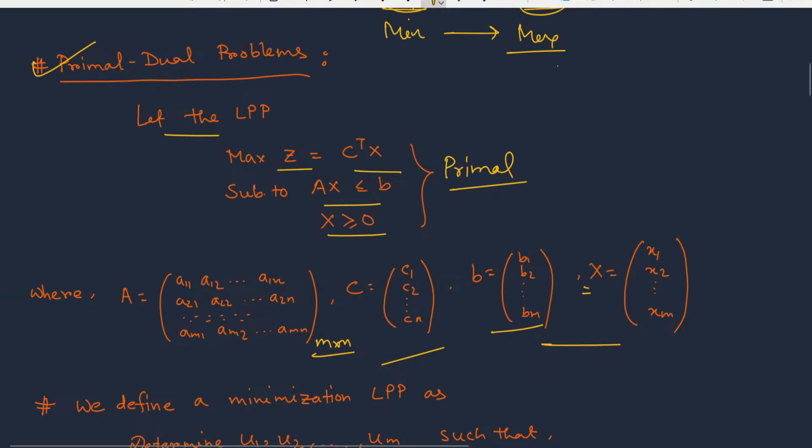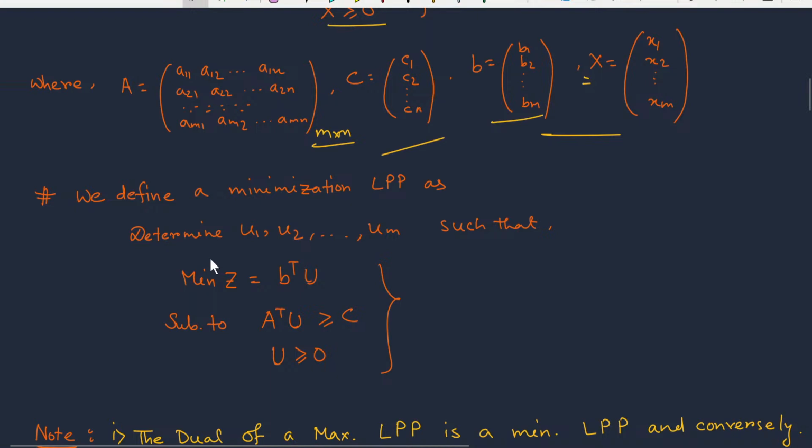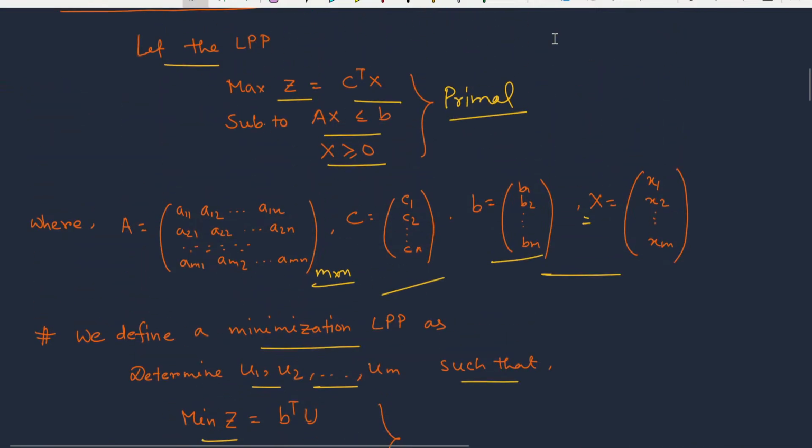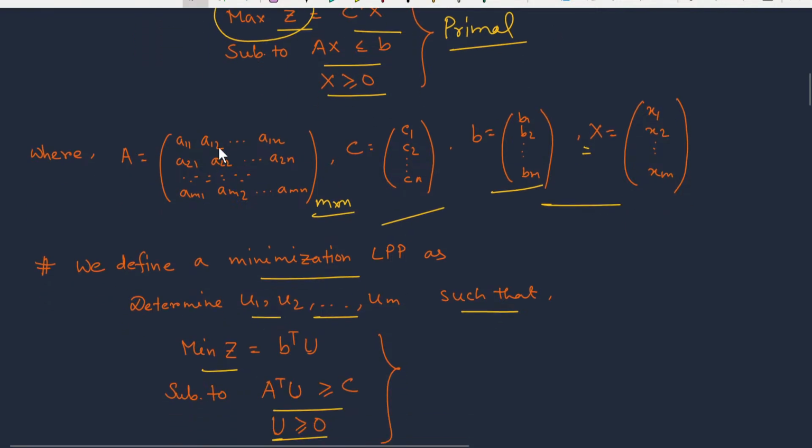Now we come to its dual. How can we write the dual? We define a minimization problem of the LPP and determine u1, u2 up to um such that minimization of B transpose u, subject to A transpose u greater than or equal to C, where u greater than or equal to 0. Here the maximization problem is converted to a minimization problem, and the cost vector C and B are interchanged, with A transposed.